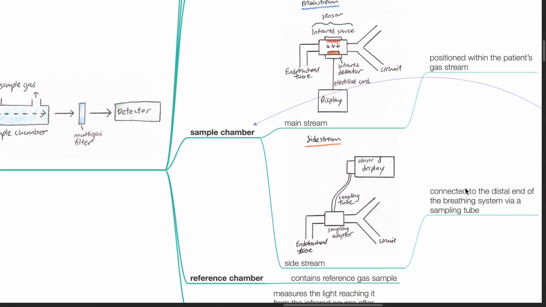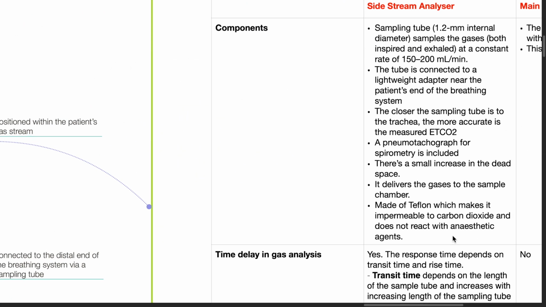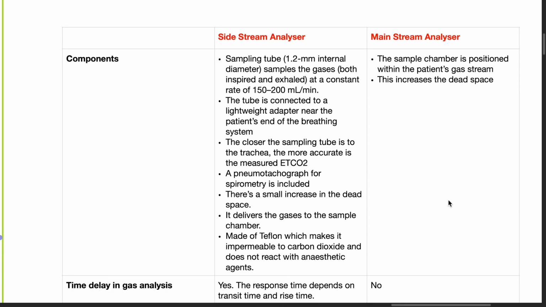Regarding the sample chamber, a mainstream sample chamber is positioned within the patient's gas stream, and a side stream sample chamber is connected to the distal end of the breathing system via a sampling tube. This table compares and contrasts the two types of analyzers.